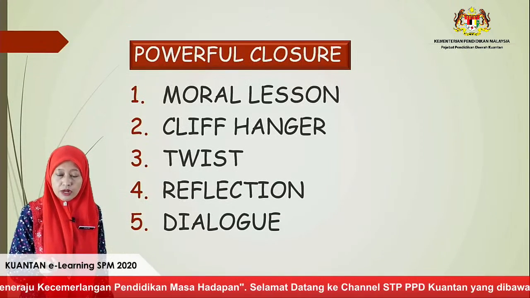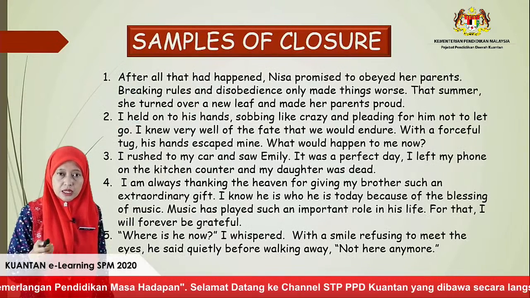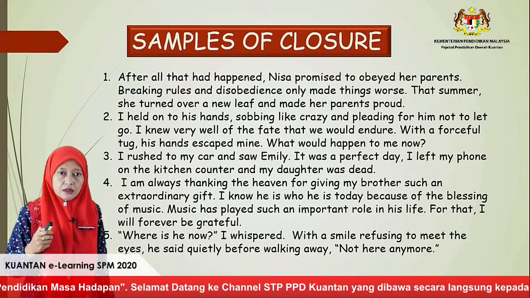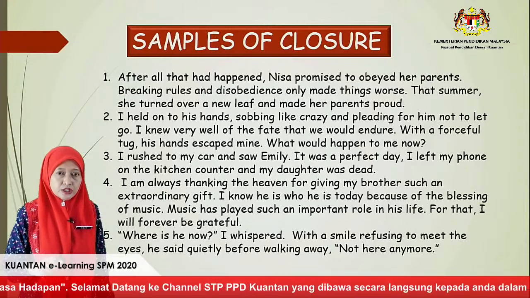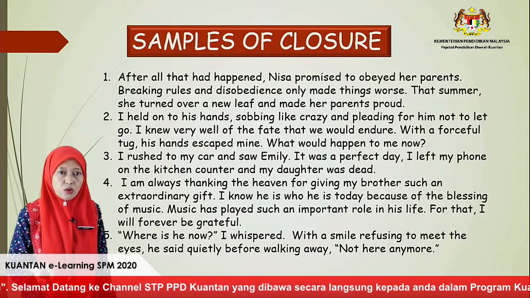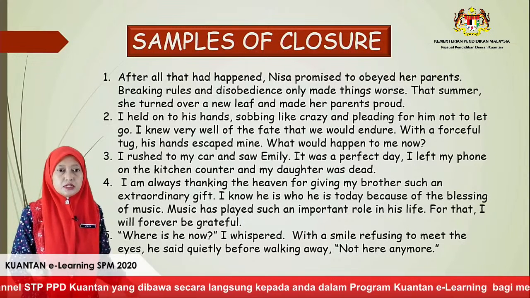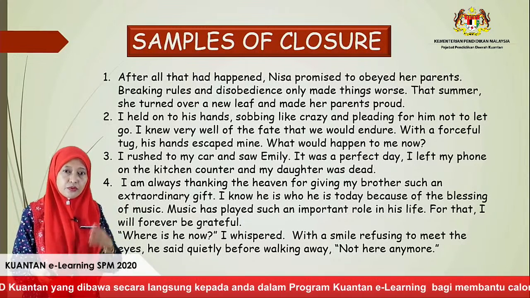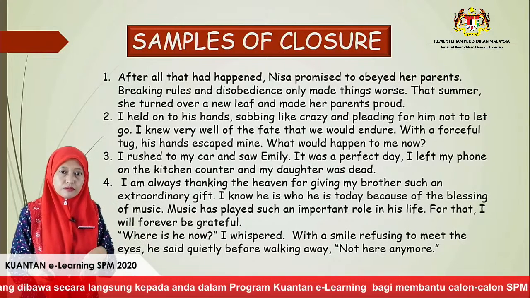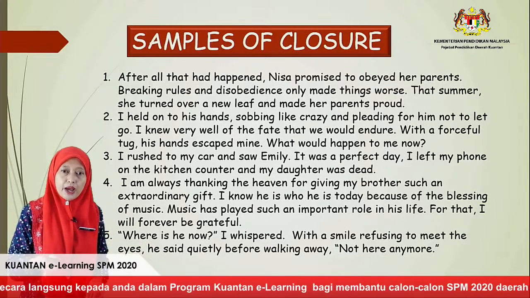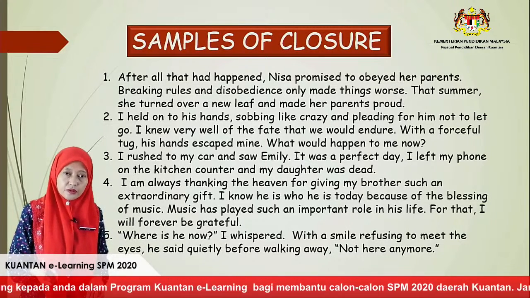So this is a moral lesson. Nisa here learned something, a value that she has learned, and then she turns over a new leaf. She's changed. The main character developed from bad to good, and now her parents were proud of her.